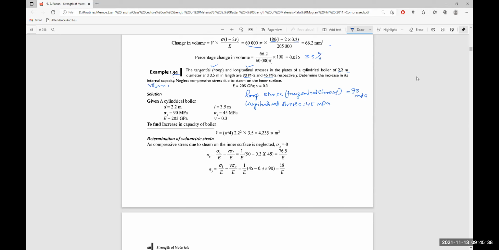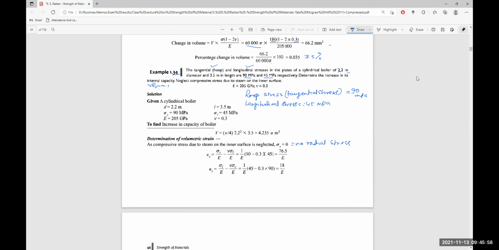Next we have to determine the volumetric strain. Thus, we have to determine the composite stresses due to the steam on the internal surface of the cylinder, as sigma z is equal to 0, meaning there is no radial stress.